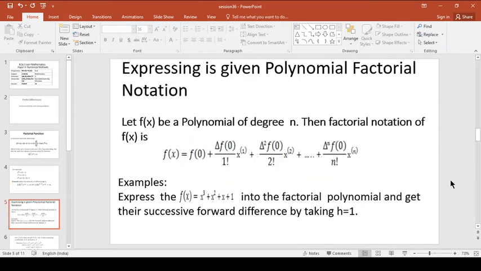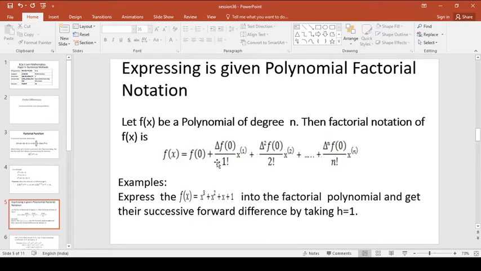Expressing the given polynomial in factorial notation. Let f of x be a polynomial of degree n, then the factorial notation of the polynomial f of x is represented like this.